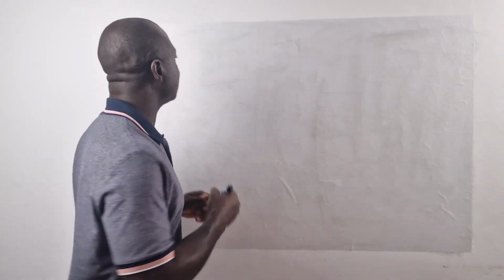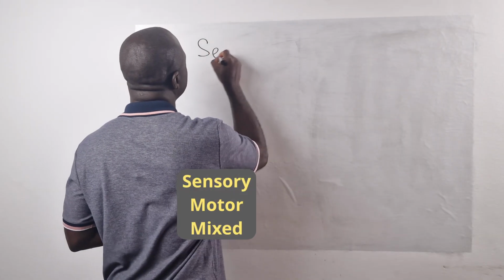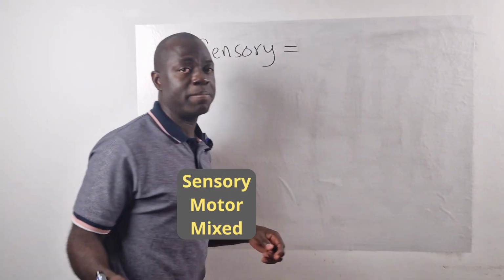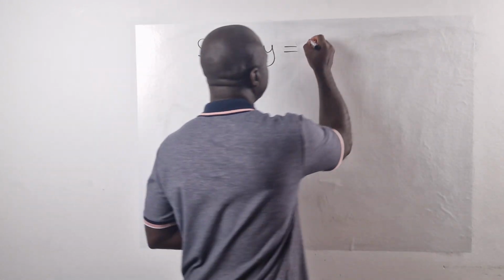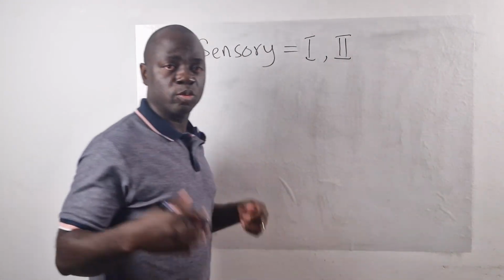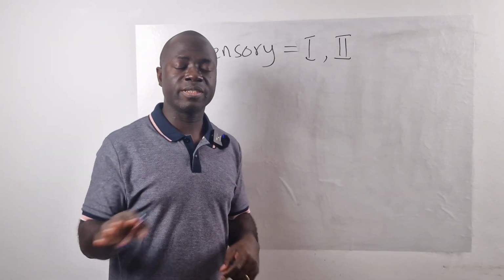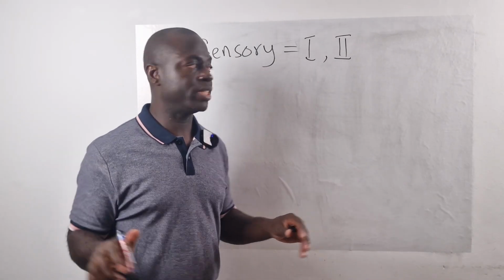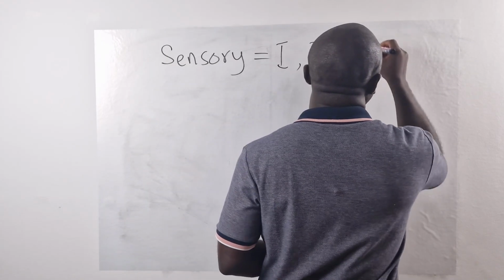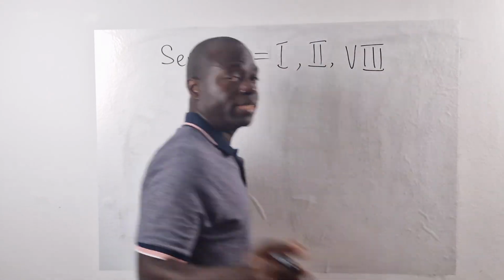So there are nerves that are going to be purely sensory, all right? And which nerves will that be? If you remember, 1, olfactory, okay? 2, which is vision, purely sensory. And then for the third one, we have the 8th cranial nerve, which is the vestibulocochlear.